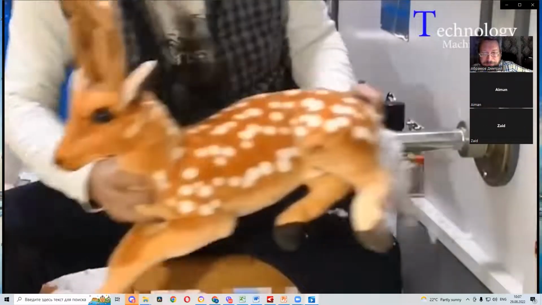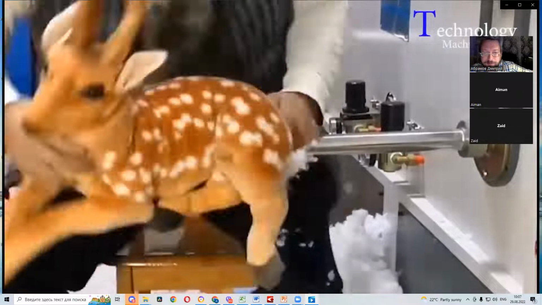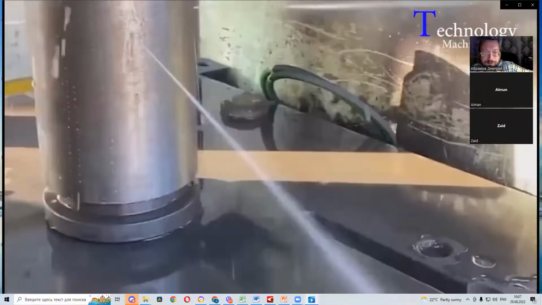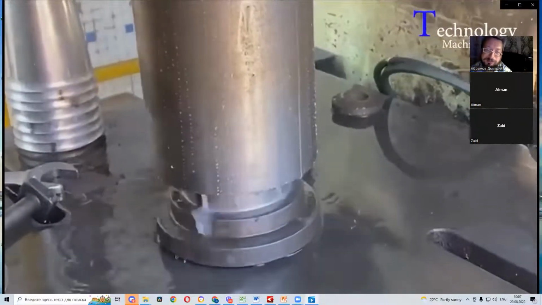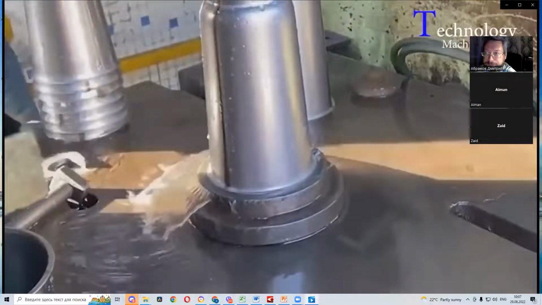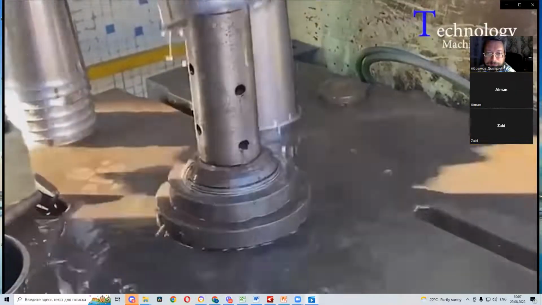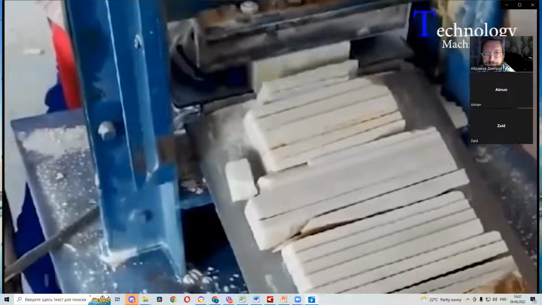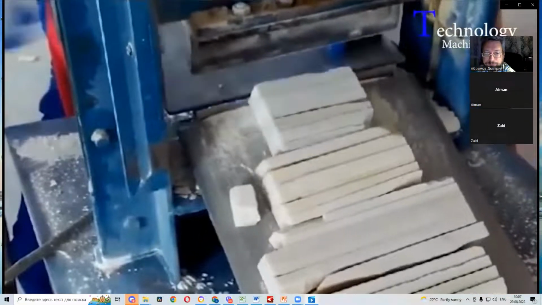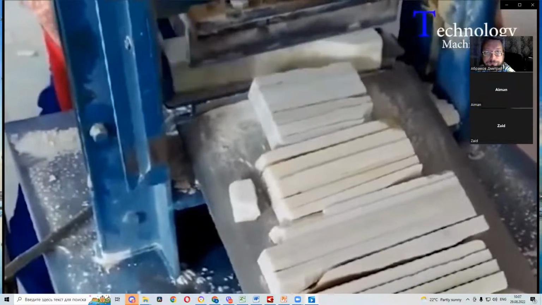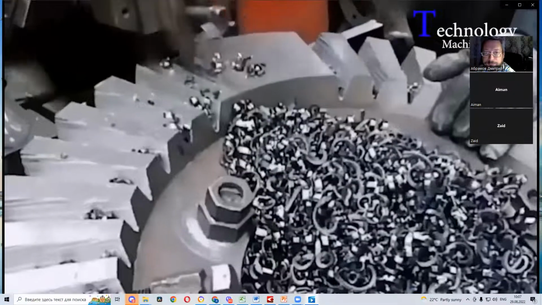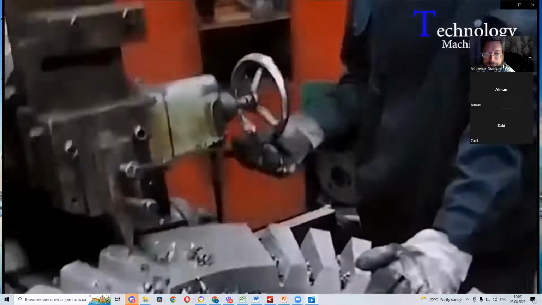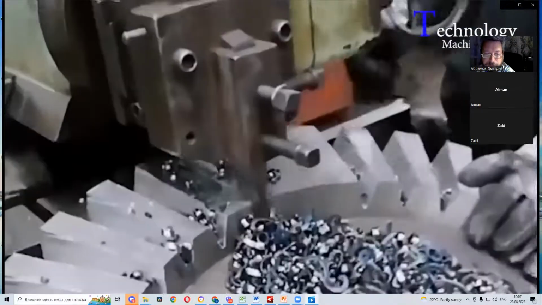That is a different technological process of building parts or mechanisms. It's cutting of the gear.